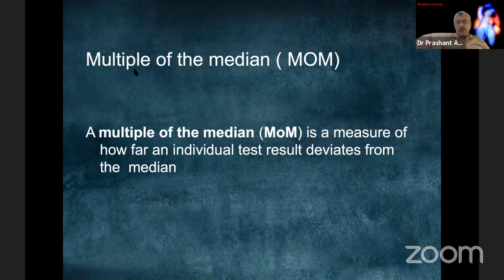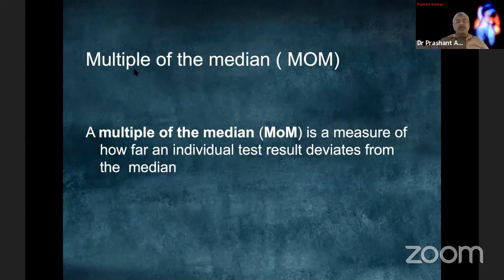So if the MoM value goes up, that means at that specific gestation, the value is that many multiples above the median. If I say it is below 1, say 0.5, that means it is half the value of the median at that particular gestation.